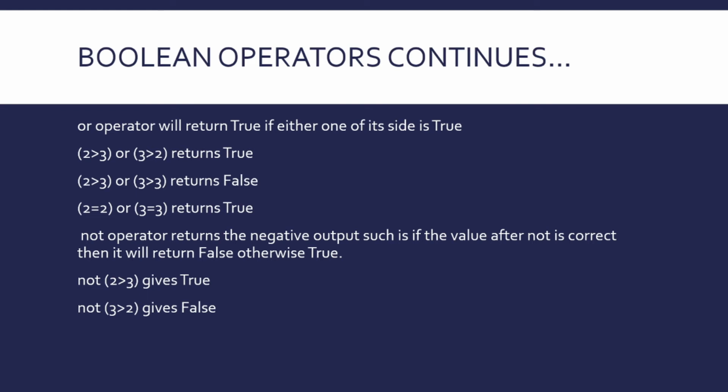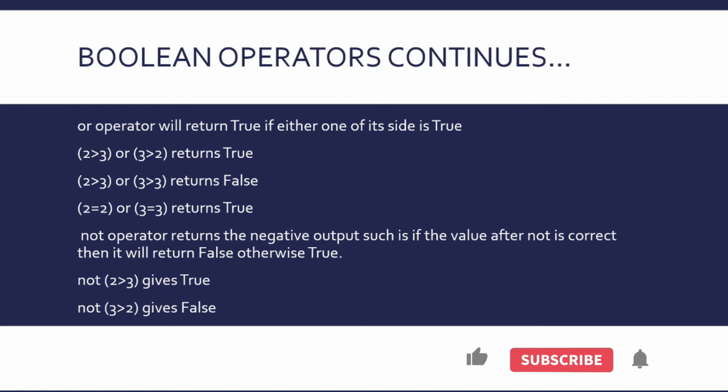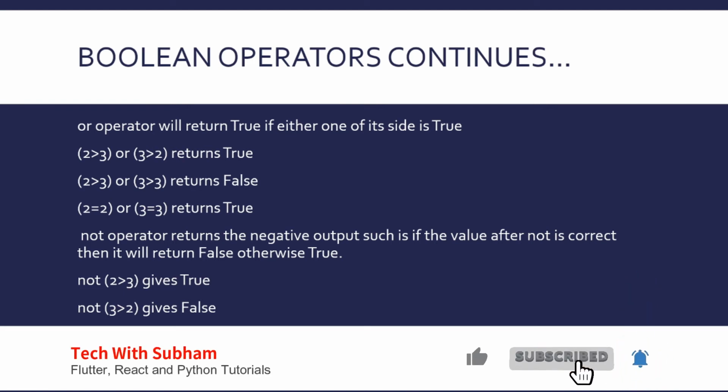But here the NOT operator is taking the false value from the expression and negating that value, giving the negative value. So if it gets false, it will print true. If it gets true, it will print false.